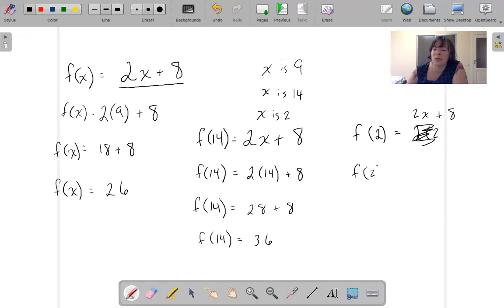F of 2 is 2 times 2 plus 8. F of 2 equals 4 plus 8. F of 2 equals 12.